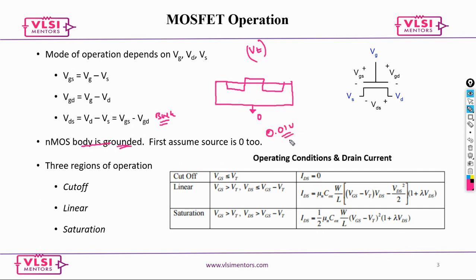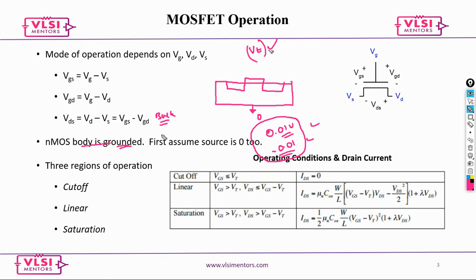If it becomes positive, what happens to your VT? And if it becomes negative, what happens to your VT? This is something you can take as homework. Go and figure out what happens to your VT when the bulk potential changes.